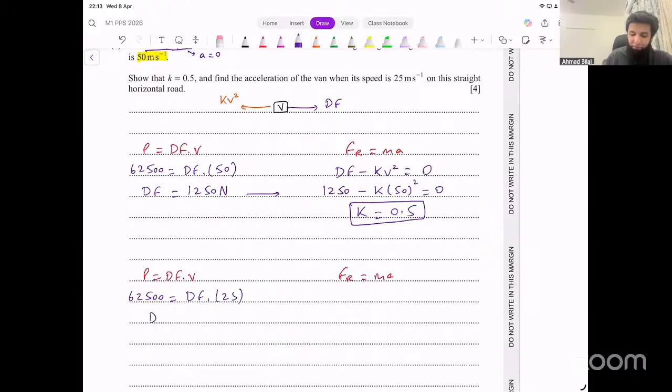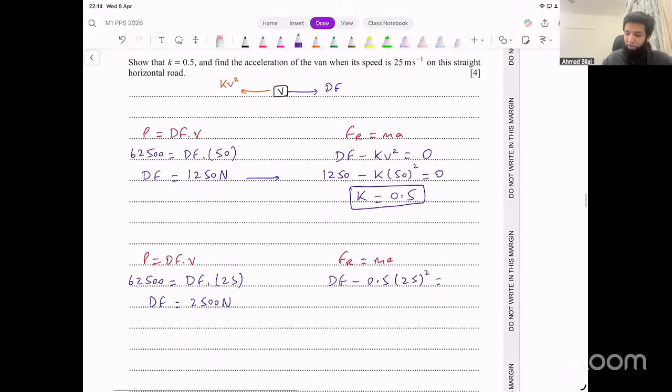We can find the driving force in this particular case, and that turns out to be 2500 Newton in this case. Forward force is driving force minus the backward force, which is kv squared. The value for k now is 0.5 into v is 25. So it will be 0.5 into 25 squared. On the other side, we've got mass, which is 2500 into acceleration.